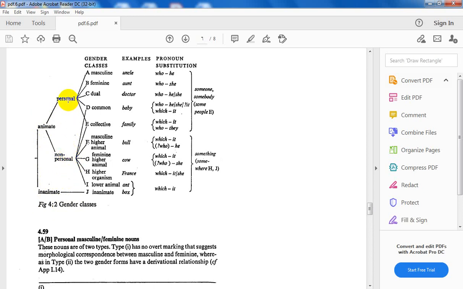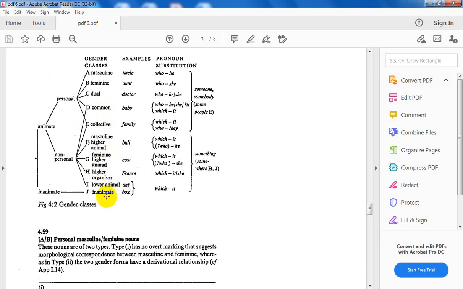The personal are subclassified into masculine, مذكر, feminine, مؤنث, dual, common, and collective, and they have the non-personal. The non-personal again: common, collective, masculine higher animal, feminine higher animal, higher organism, lower animal, inanimate.